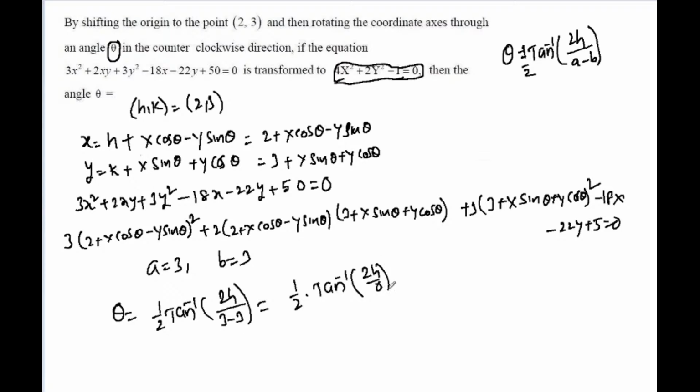So 2h by 0 value is infinity, half into tan inverse of infinity, and tan inverse of infinity is pi by 2. Therefore theta is equal to 1 by 2 into pi by 2, that is pi by 4. This is the answer. The value of theta is pi by 4.